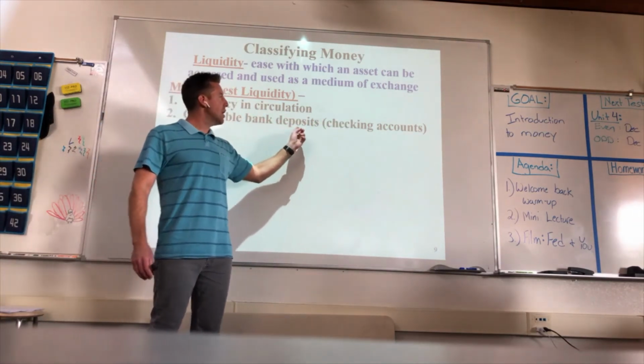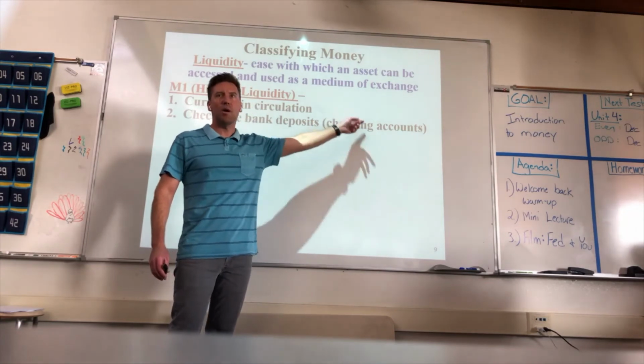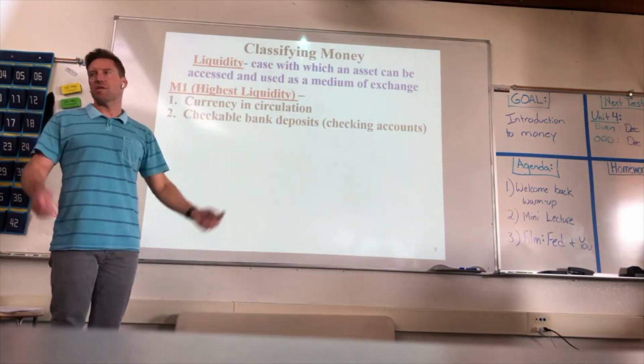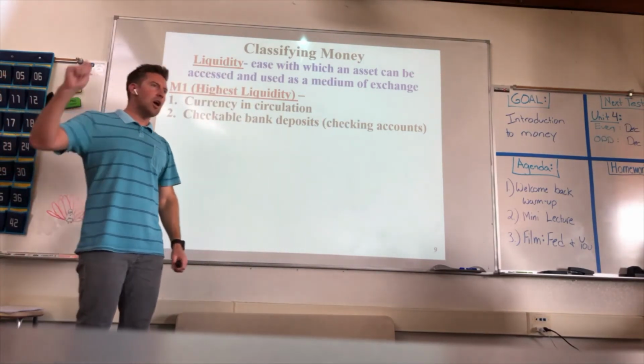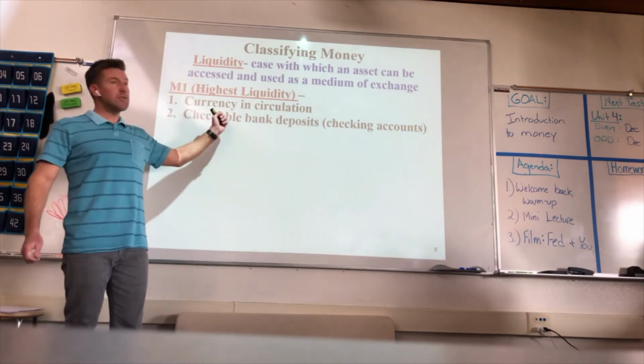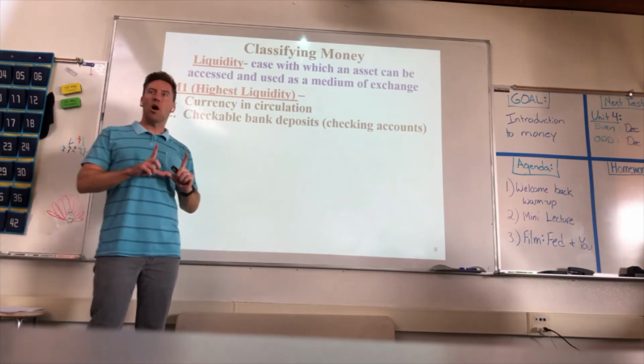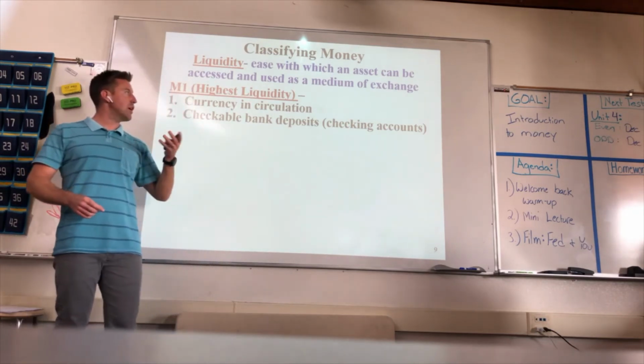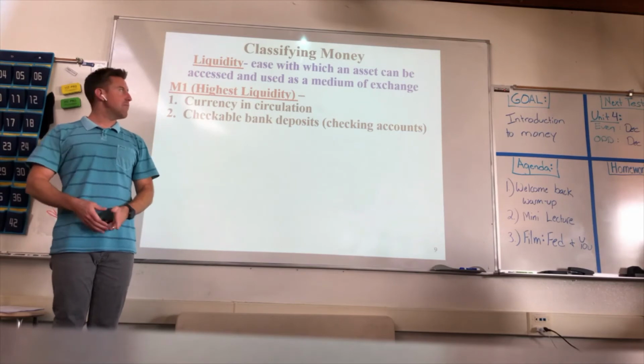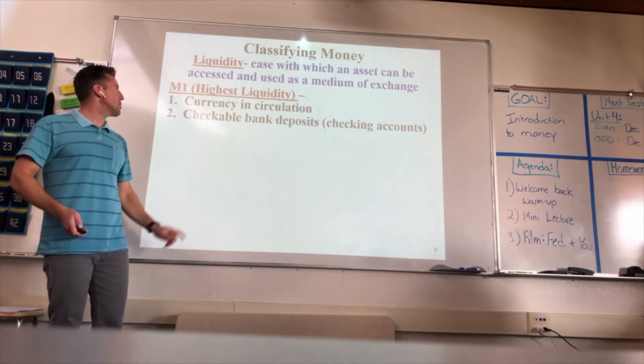Checkable bank deposits, checking accounts, and demand deposits are all the same. And it makes sense. It's totally liquid because when you have a debit card, you're swiping your debit card. That's your checking account. Back in the old days, we didn't have debit cards. We had checks. Same concept. Money comes out of the exact same place. It's quick. It's gone. It's very liquid. So it's counted as M1 money.